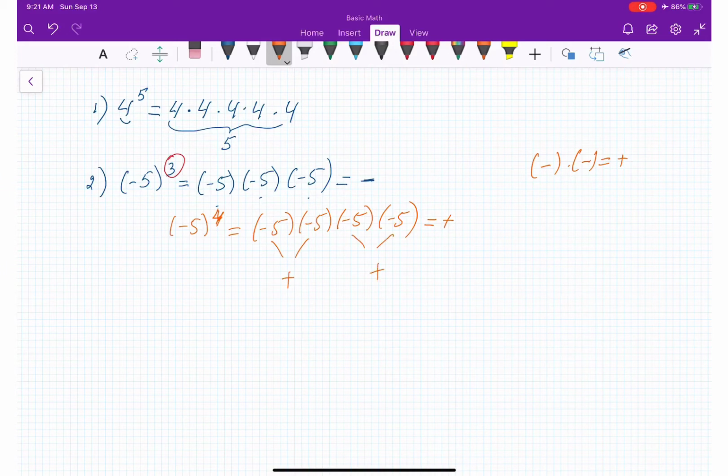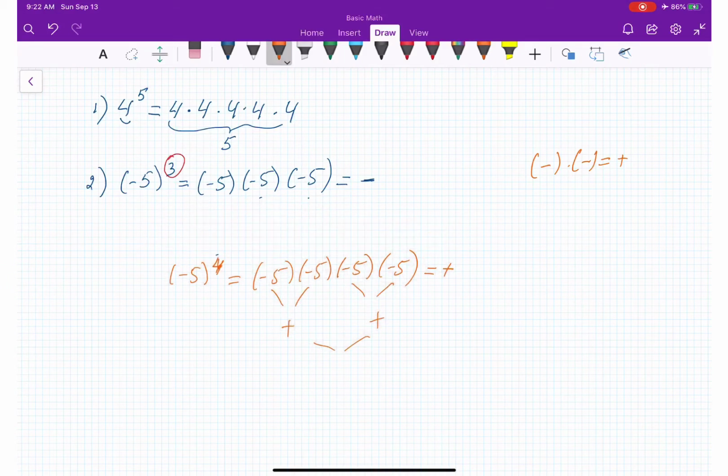So when you have even degree, then you have pair everywhere. So pair with pair, negative with negative, it's always positive. And obviously positive with positive is positive. But if I have odd one, let's see, negative with this negative is positive. Then positive with this negative gives you negative.